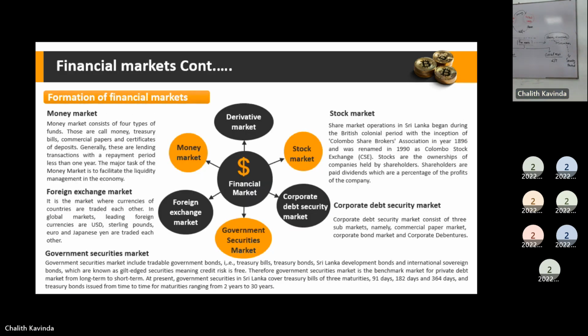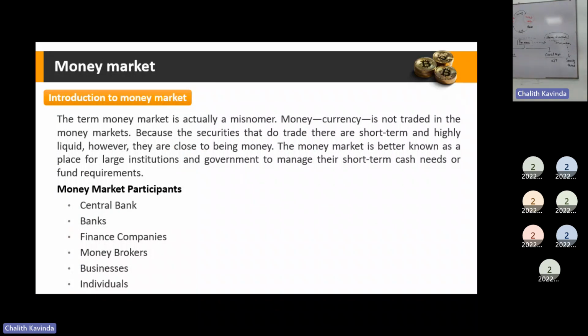Okay, now let us look at what are the sub-markets coming under money markets. What are the sub-markets coming under the money market according to your knowledge? Now you know what financial markets are, and you know something about the money market and capital market.